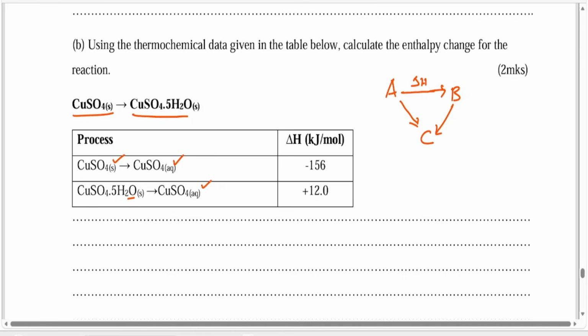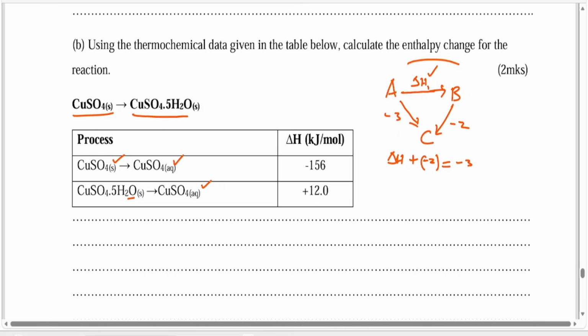So if I was given this one as -2 kilojoules per mole, and it is -3, I need to understand that this energy change plus the energy change of converting B to C shall be equal to the energy change of converting A to C directly.